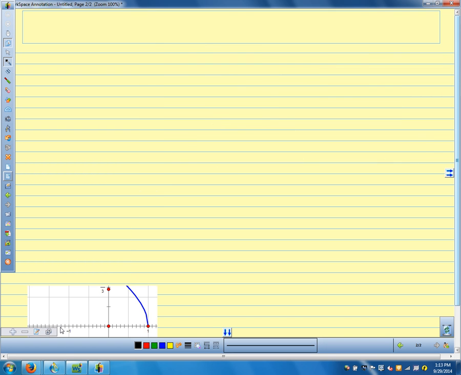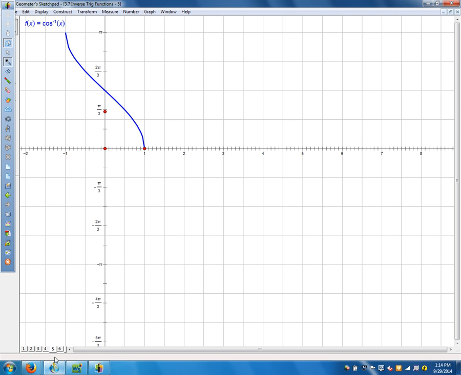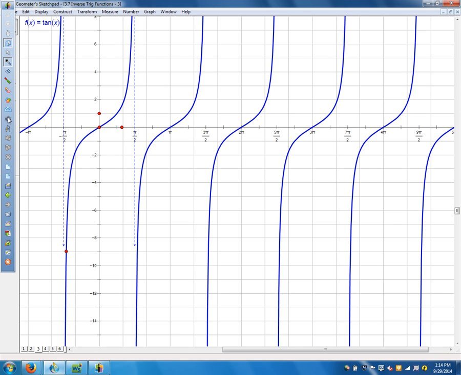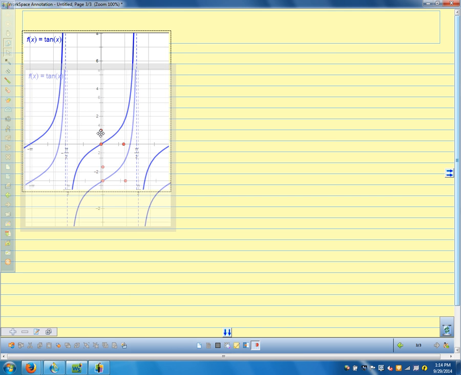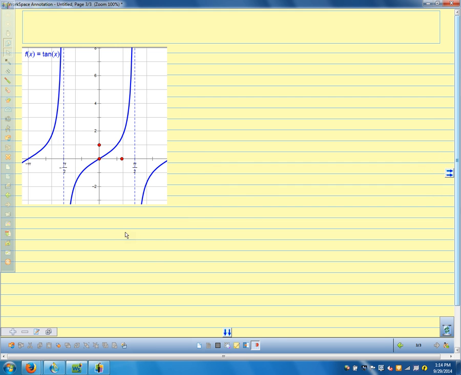All right, so for our tangent function, here is our graph of the tangent function. This is not going to pass the horizontal line test. So for the tangent function, we restrict our domain to between these two asymptotes, between negative pi over 2 and pi over 2.